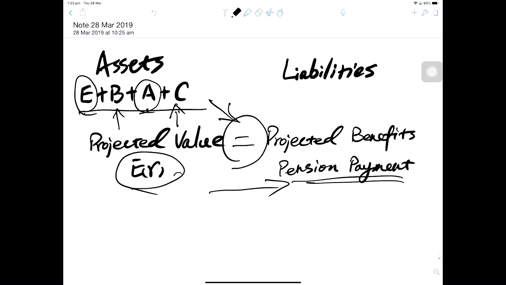So based on this understanding of the different objectives and incentives of the sponsoring entity and the fund members, the final asset allocation decision of the DB fund is not usually a decision by either the employees or the company, the sponsoring entity.